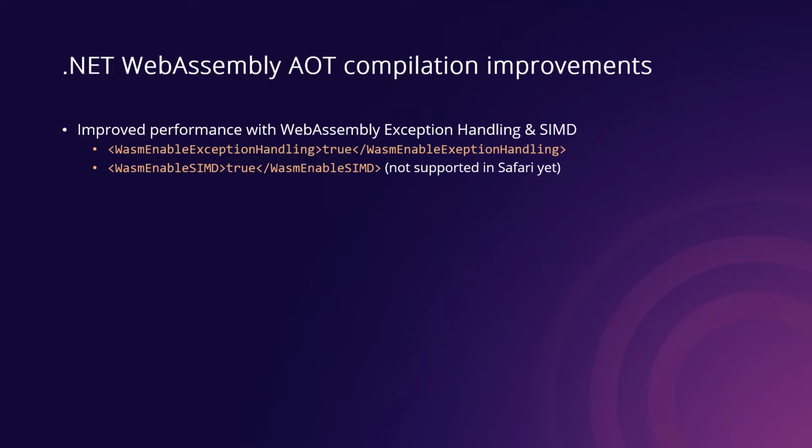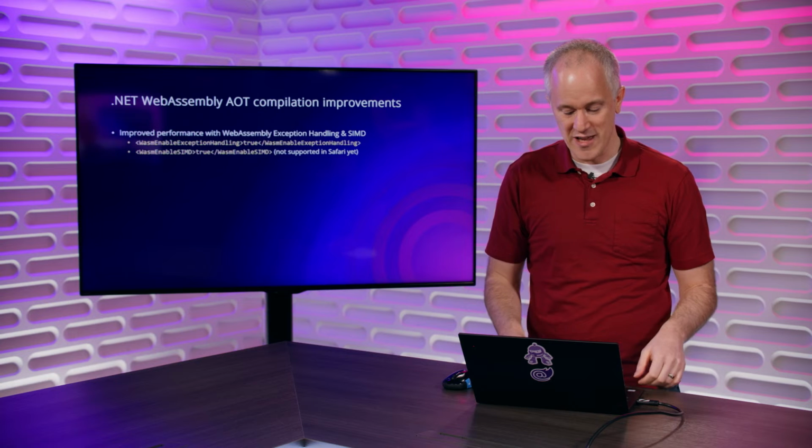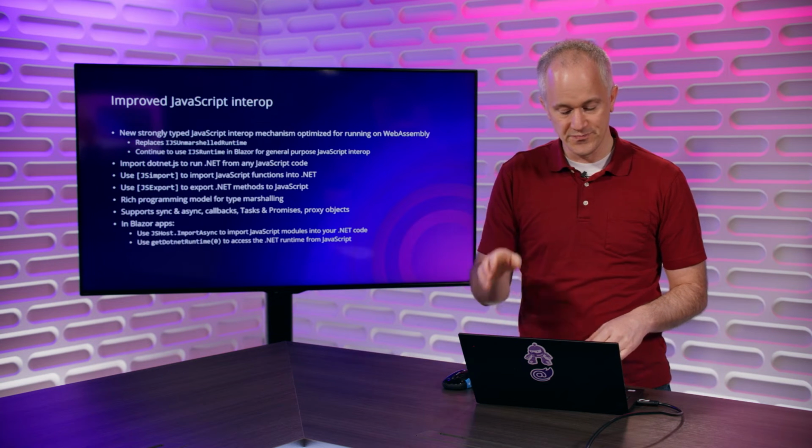You can enable these features using the WasmEnableExceptionHandling and WasmEnableSIMD MSBuild properties. And if you're specifically interested in SIMD, it's worth noting that it's not supported in Safari just yet. The WebAssembly feature is standardized, but Safari hasn't quite got the implementation done yet. Hopefully, Safari will get that addressed soon.